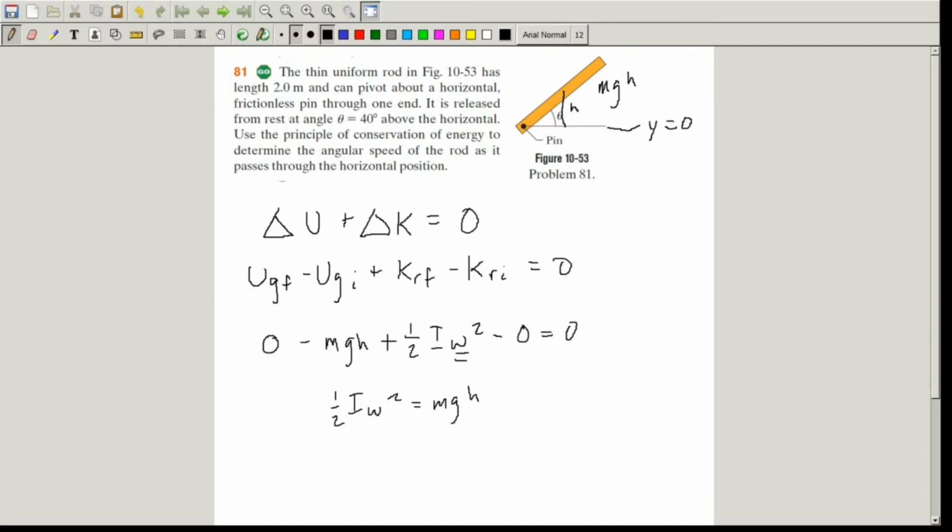And then from there, we just divide by 1/2 I. So omega squared is equal to 2mgh over I, and just take the square root of both sides. So we get omega is equal to the square root of 2mgh over I.